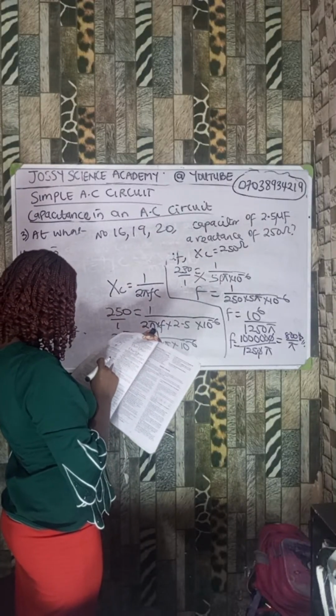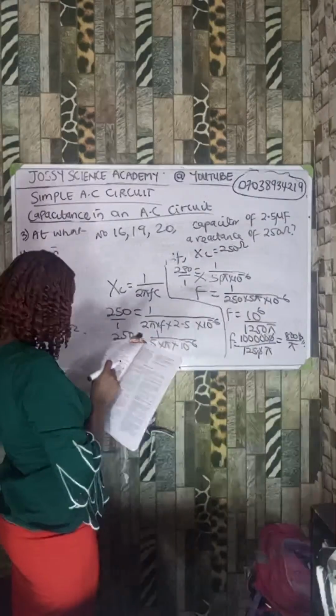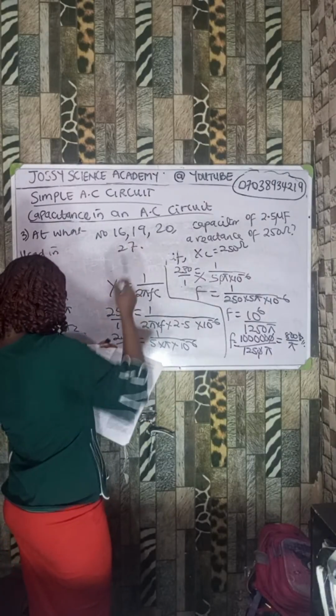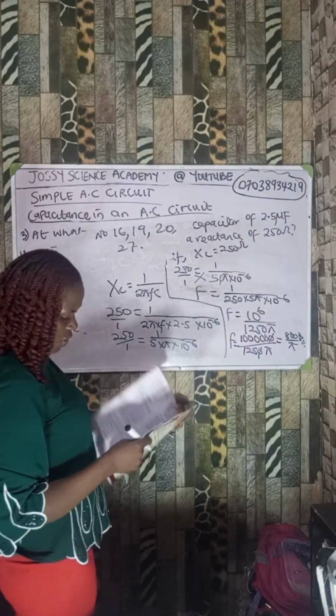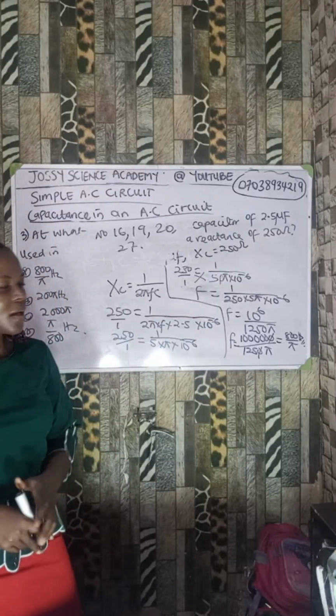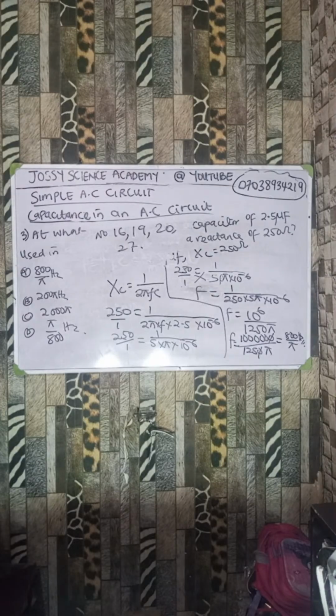I'm looking at the ones that are related to what you have done so far, so it will be easy for you to solve. I have these 5 questions you can comfortably solve with what we have done so far. Go to the content, look for simple AC circuits. There you're going to see the questions on what we have done. Solve them and give me the answer in the comment section or drop the answer in the WhatsApp group.